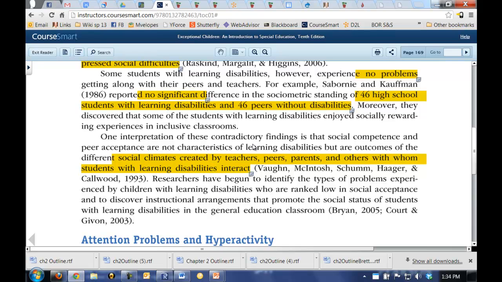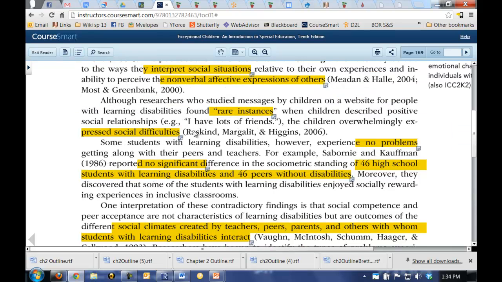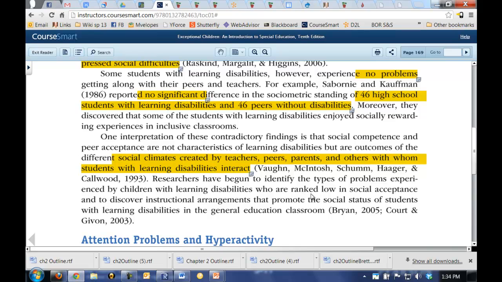One interpretation of these contradictory findings is that social competence and peer acceptance are not characteristic of learning disabilities, but are outcomes of the different social climates created by teachers, peers, parents, and others with whom students with learning disabilities interact. Oh, so it's not their fault. We have bad school climates and stuff. So this whole thing that Heward goes off on here, I think he kind of gets himself in the mud up to about his waist, because you can't get back out of here.